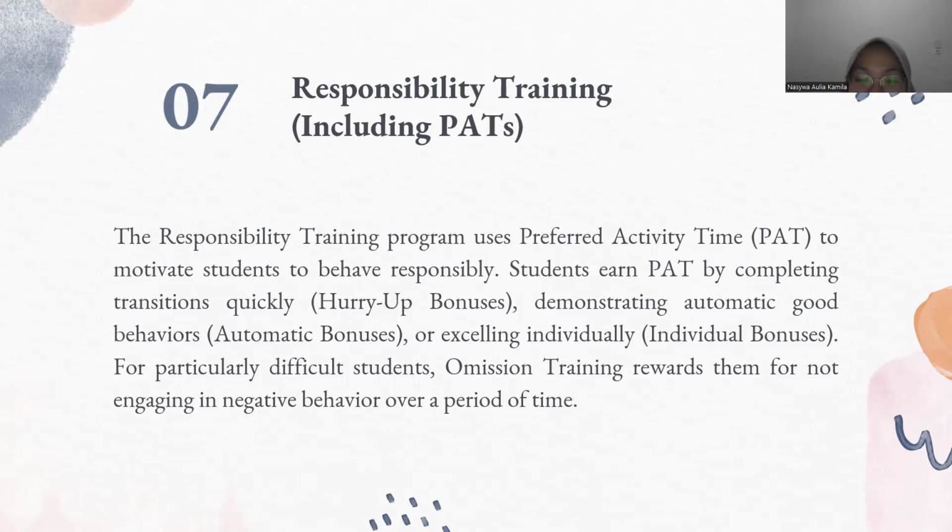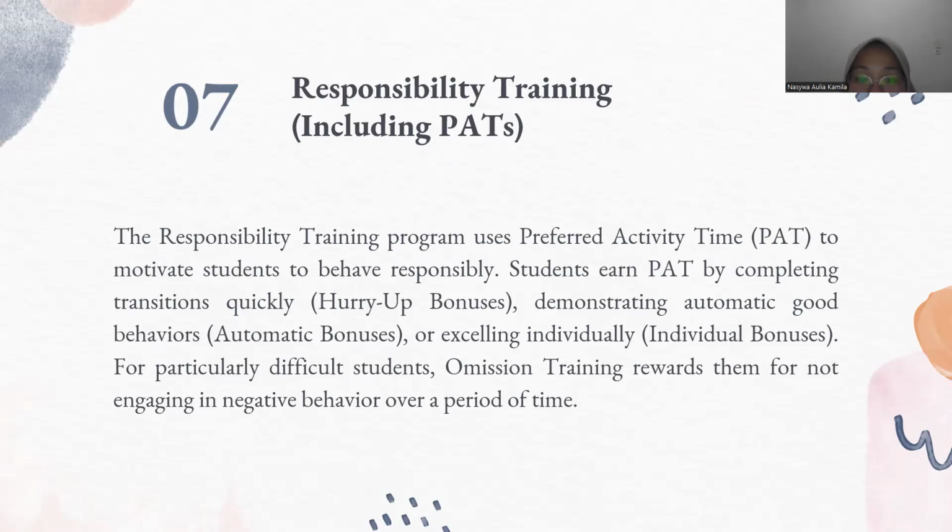The last one is individual bonuses, which is when a student helps the class stay on track. And for students who are especially challenging, Jones recommended omission training. Omission training is rewarding them for not doing negative behaviors during a set time period. In this way, students are positively encouraged to improve instead of feeling punished all the time.